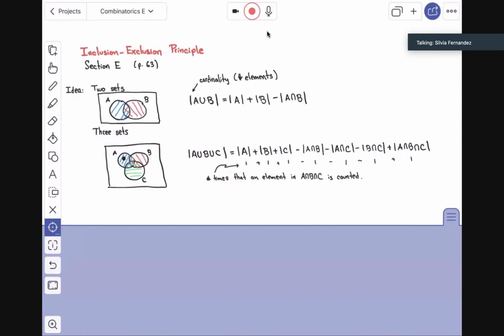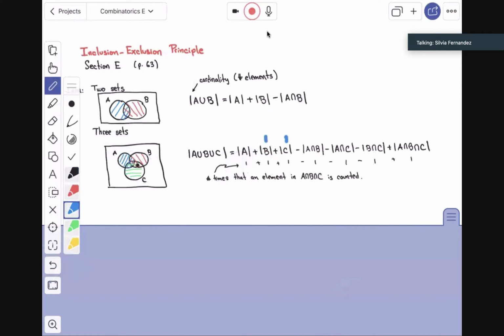If I had an element here, let's say, in B intersection C but not in A, so in B and C and not in A, then it's not counted here. It is counted by B and by C, right? So I'm just going to add a few numbers here.